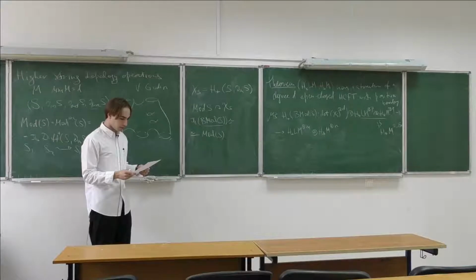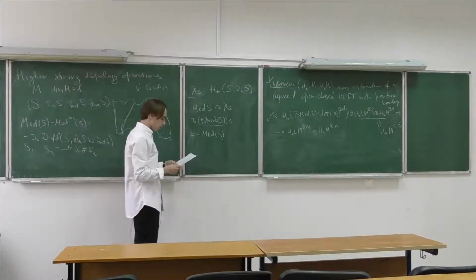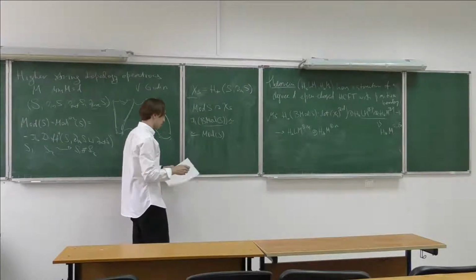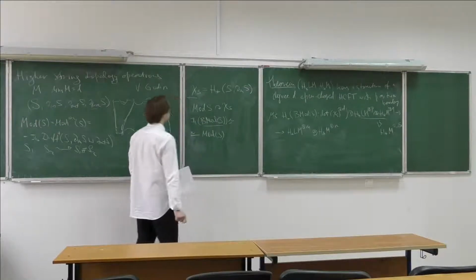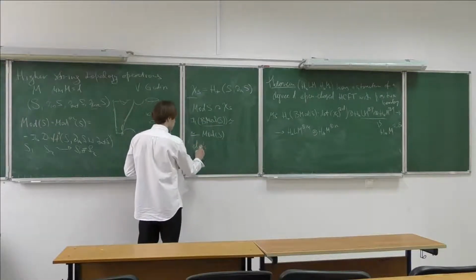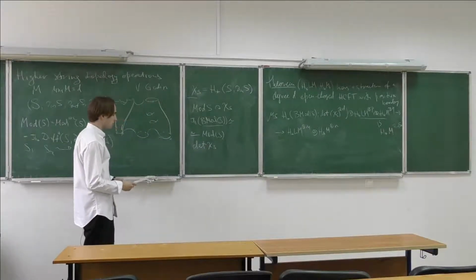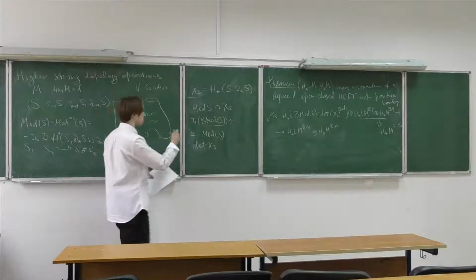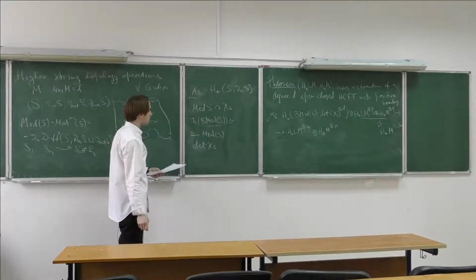Okay, so we have such a bundle, and then we can take its determinant bundle. We want to define its determinant bundle, det of S. And how do we do it? We just take the determinant of this space.